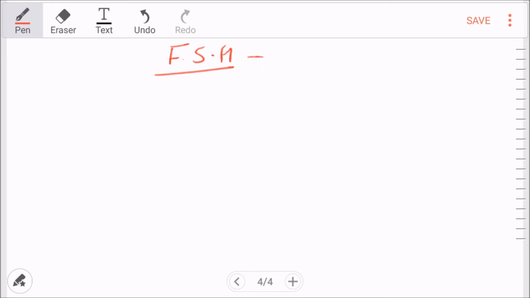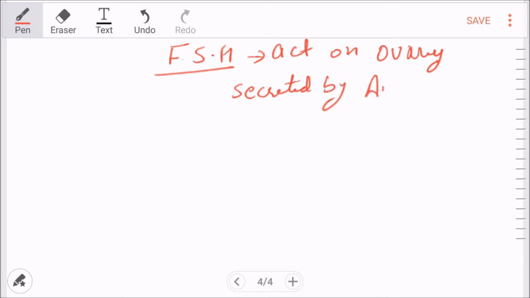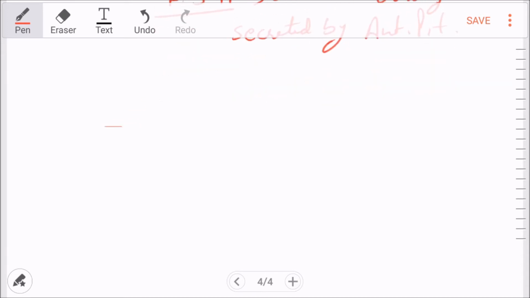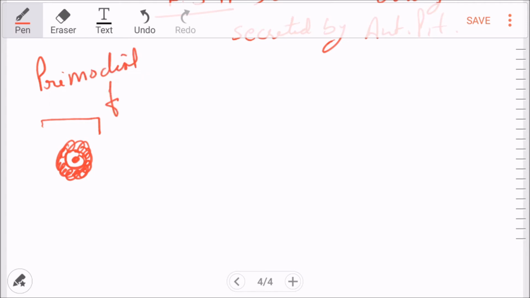Firstly, this will act on ovary, secreted by anterior pituitary. As we know that there are the primordial cells, this is the ova, this is the axillary, and this is the primordial cells. The whole is known as primordial follicle, which is present in ovary. Like this is the ovary outlining.